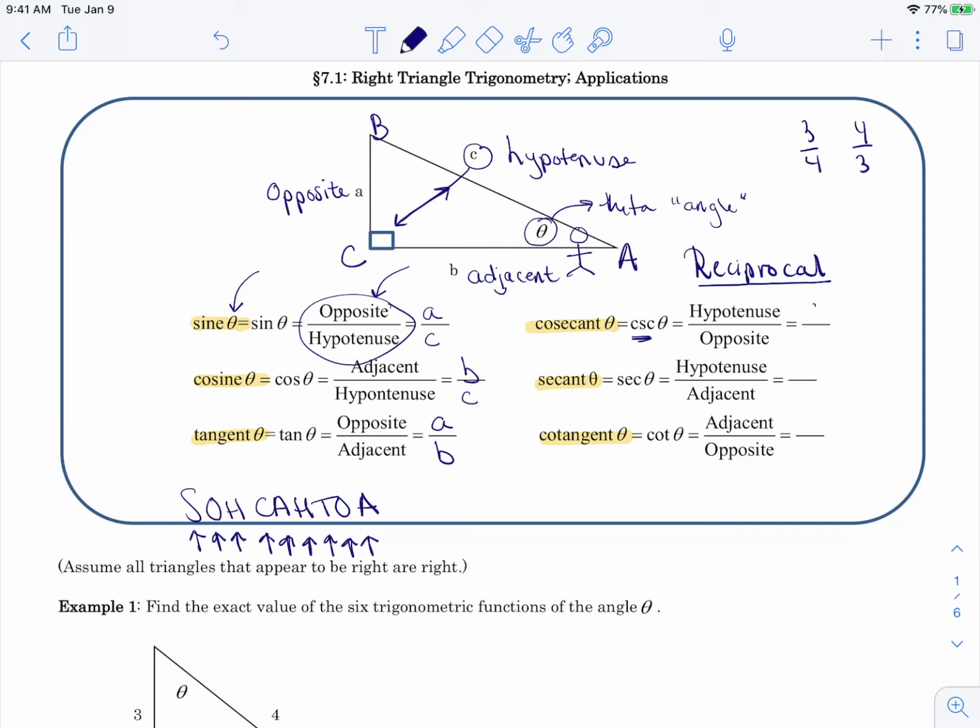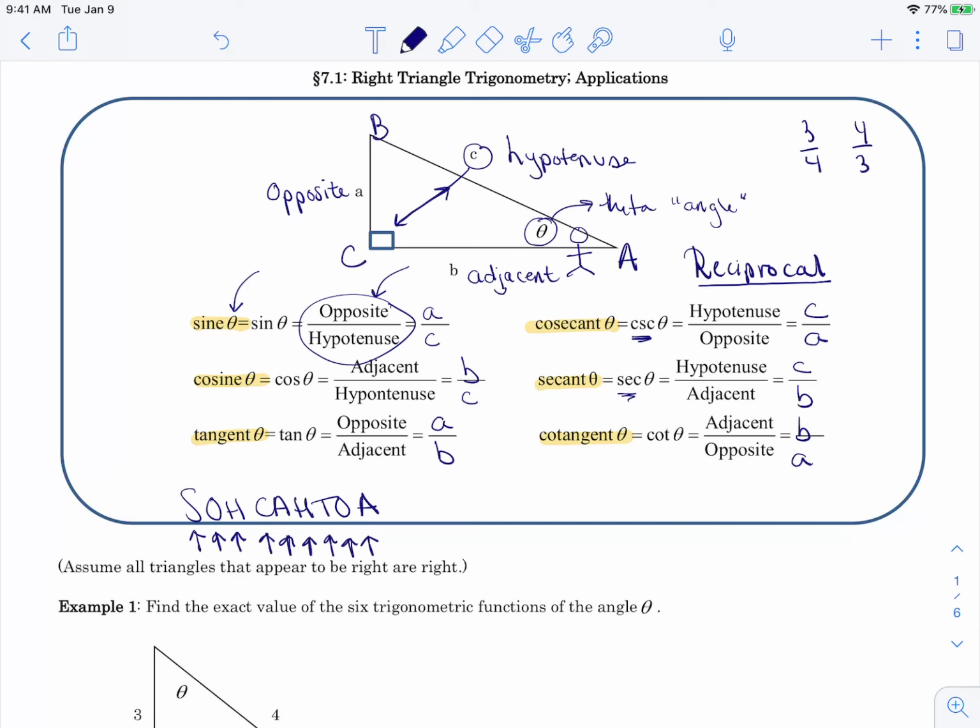So my hypotenuse is C and my opposite is still A, because your theta is still located where it was. Secant of theta, abbreviated SEC, say secant, is hypotenuse over adjacent. Well, that ratio would be C over B. And then cotangent, please don't say cot, of theta is adjacent over opposite, so that would be B over A.